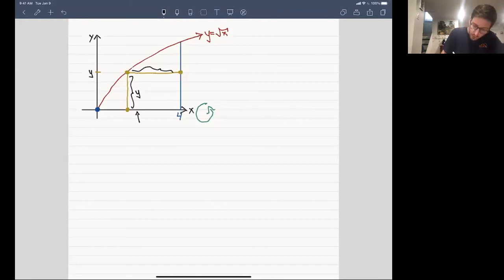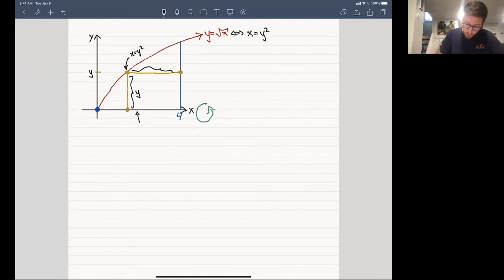The question really is, what is this point on the curve right here? If we know the value of y, how do we recover the value of x? Well, we can invert this function, and we can say that x is equal to y squared here. So this point is given by x equal to y squared, since we're on the curve.